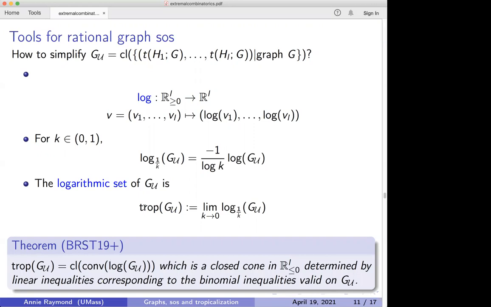Sorry, Annie, so yes. Understand, and now this graph G, I should think of it as possibly an unbounded graph, right? If you were originally constrained to the interval 0, 1, then this tropicalization would make everything trivial, right?